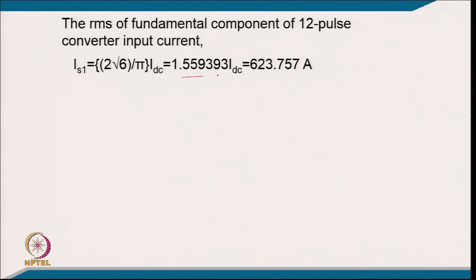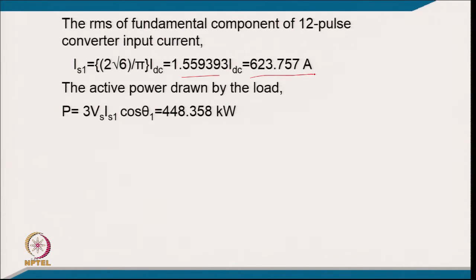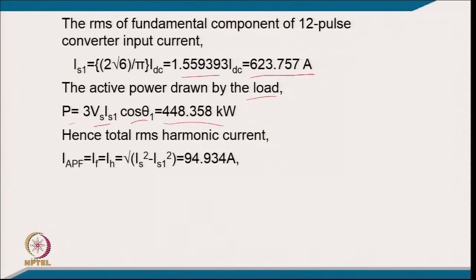So, this is 1.559393 IDC. So, this comes to 623.797. So, the active power drawn by the load will be P equal to 3 Vs IS1 cos theta 1, and putting the values here, theta 1 is zero because of the diode rectifier, it comes to 448.358 kilowatt.